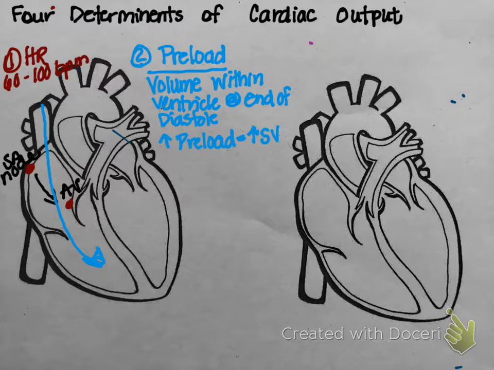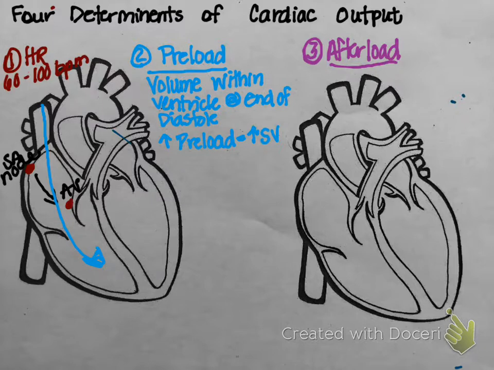And then I want you to also be mindful that this stroke volume's in milliliters and your cardiac output is in liters. So when you're doing any math that you might have to do, make sure you keep that in mind. You'll have to convert your milliliters to liters or your liters to milliliters if you're doing any kind of math. And it's simple math. It's usually just a division question. But you've got to convert that.